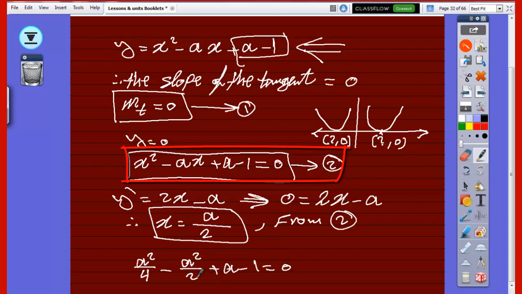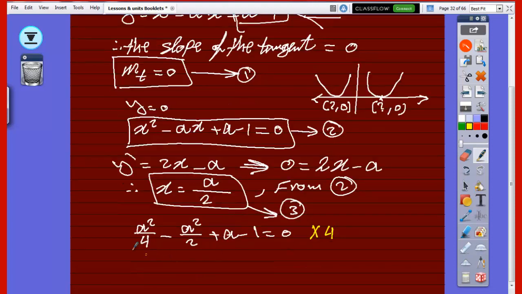This is to find the value of a. To get rid of denominators, multiplying both sides by 4, what do we get? 4 multiplied by a squared over 4 equals a squared. 4 multiplied by negative a squared over 2 equals negative 2a squared, plus 4 multiplied by a equals 4a, minus 4, and 4 multiplied by 0 equals 0.